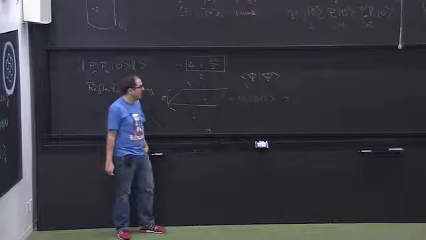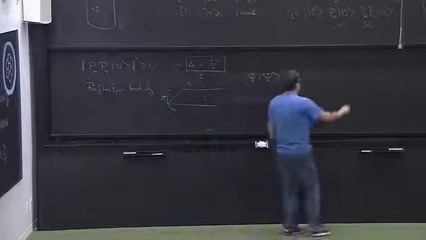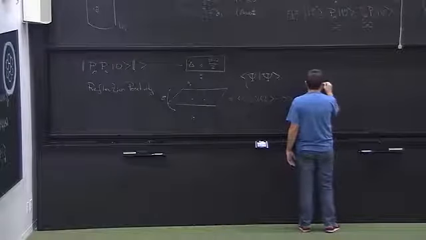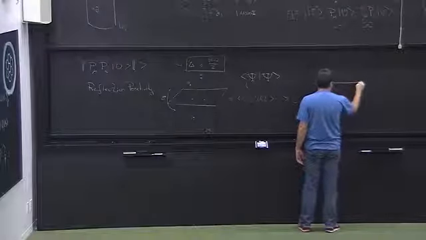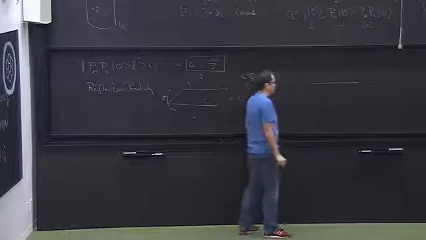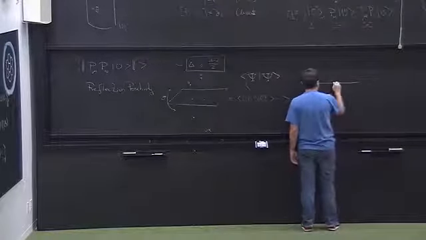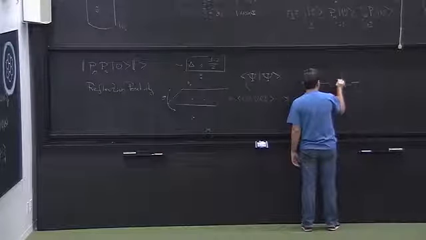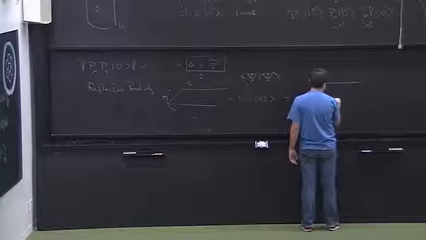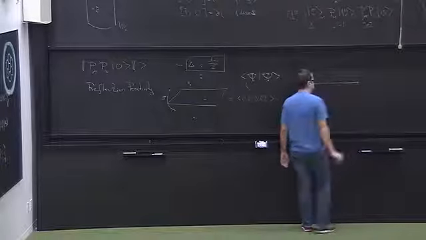Okay? So now, let's apply this logic and consider the following. Let's consider a line or a plane. So this is a plane, okay? And let's consider an operator here and an operator here, which is symmetric.